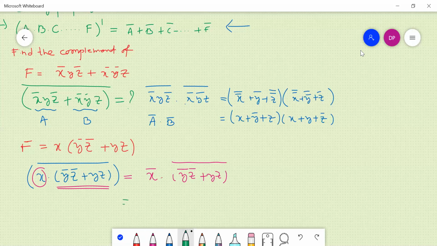X bar will be as it is. Plus, A plus B bar is A bar dot B bar. So Y bar Z bar dot YZ whole bar.